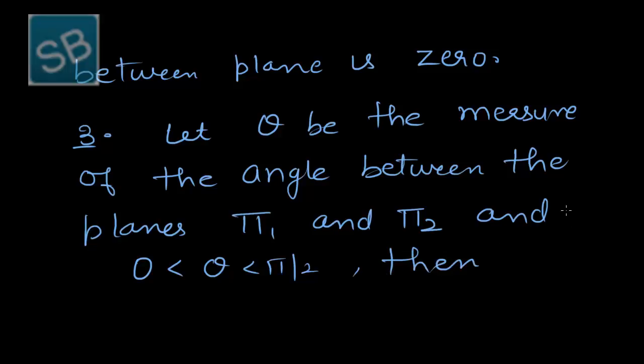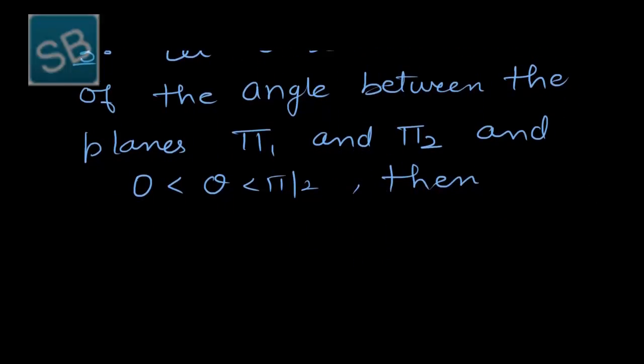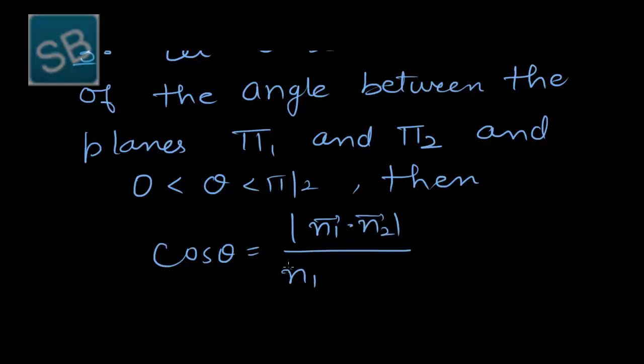Then cos theta is equal to magnitude of dot product n1 n2 over magnitude n1 times magnitude n2.